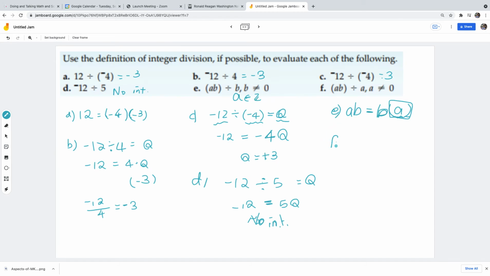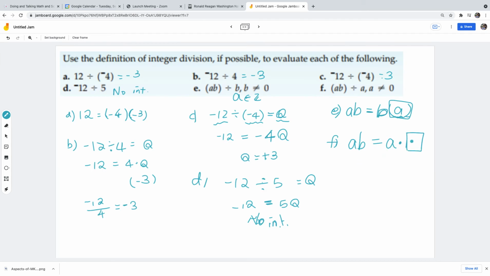Okay, let's look at F. So let's use our definition of division again. AB is the dividend. Dividend equals divisor A times something, that quotient. What could be the quotient?